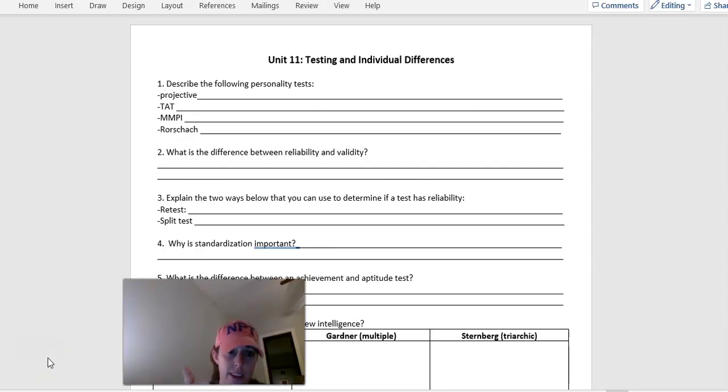And the TAT, the Thematic Apperception Test, is the one where there are pictures of things and they have to tell what's going on in the picture. Remember, that's a projective test as well. So that is putting your feelings onto those pictures, right? If you see a man who left his wife, maybe there's something deeper underneath that.